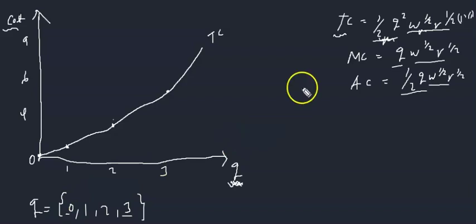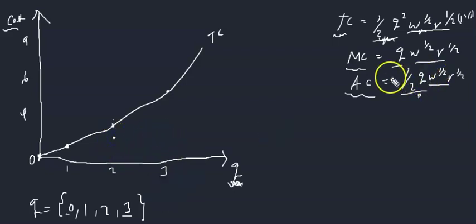So the second thing is the AC. If we put a 0, we will have a 0, so we're starting from 0 as well. If we put a 1, we'll have a half, so we are here. Then if we put a 2, we will have a 1, so a 1 will be somewhere here. We're just assuming, sketching.